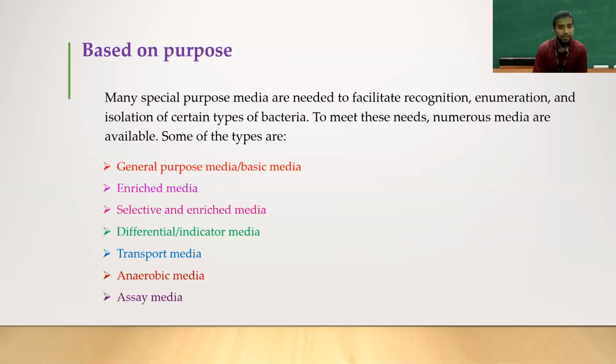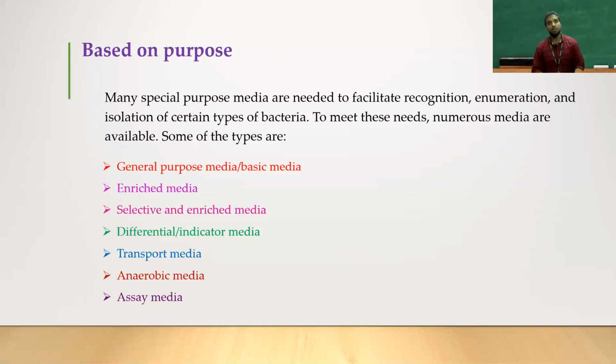So many special purpose media are needed to facilitate recognition, enumeration, that is, enumeration means identifying each and every bacteria present, and isolation of certain types of bacteria. To meet these needs, numerous media are available, okay, as just discussed.